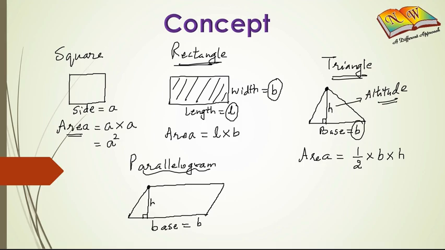If you know this height or the altitude, then to find the area of a parallelogram, we just have to multiply the base by its length of altitude and we will get the area. So this is the concept in this particular activity based on finding the area of plane figures.